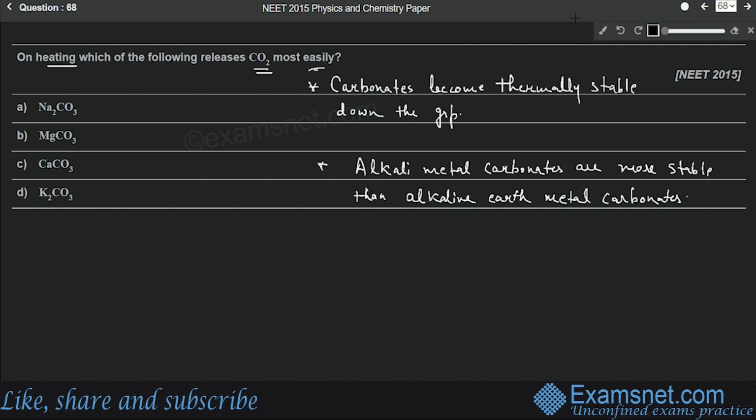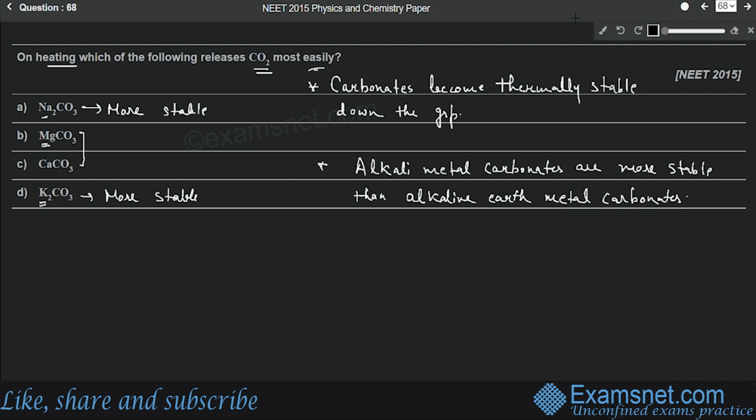So out of the 4 options, sodium and potassium are alkali metals, so their carbonates will be more stable. Sodium carbonate and potassium carbonate will be more stable as compared to the alkaline earth metal carbonates. Now the second and third options are alkaline earth metal carbonates, but magnesium comes first.